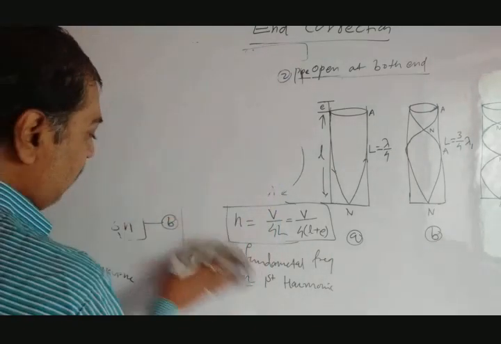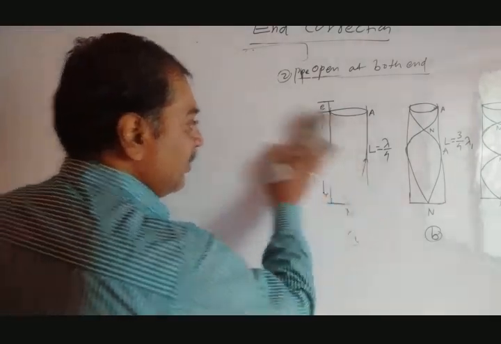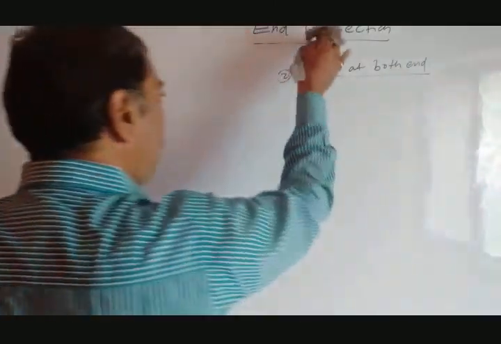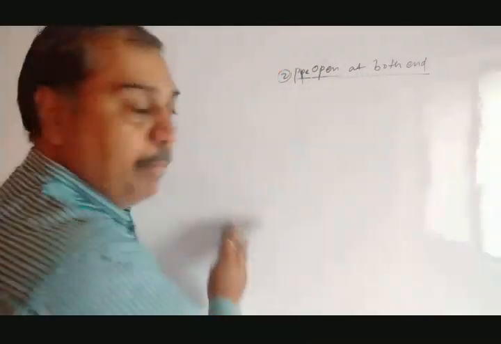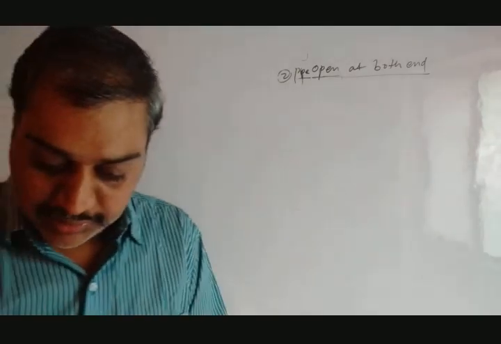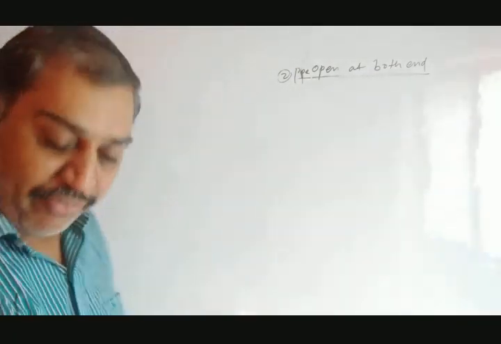When we consider the pipe open at both ends, it means the pipe has antinodes both at the top as well as at the bottom. If you see figure 6.10 A, B and C, that figure we have to draw.